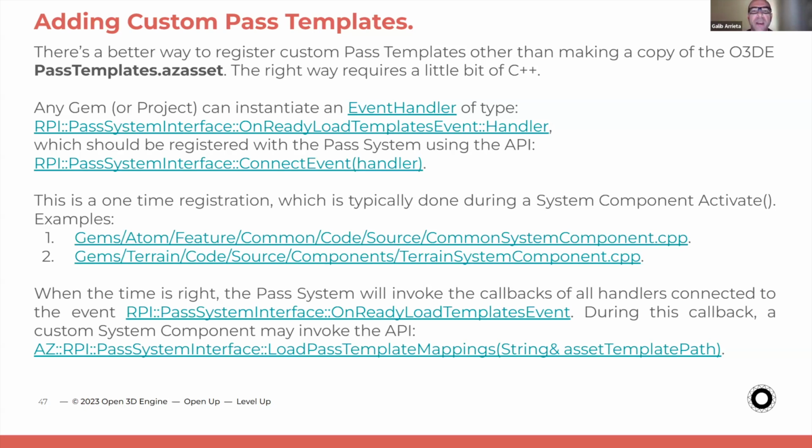In this case, you're going to register, and everything is detailed here. Of course, as most of you know, there is already a GitHub project where this custom application is, so you can see it all working there. But suffice to say, there is an API where, typically when your system component starts, you connect to an event handler that notifies you whenever the engine is ready to consume your list of new pass templates.